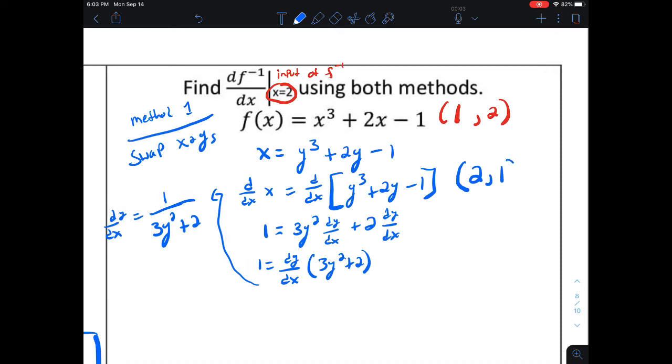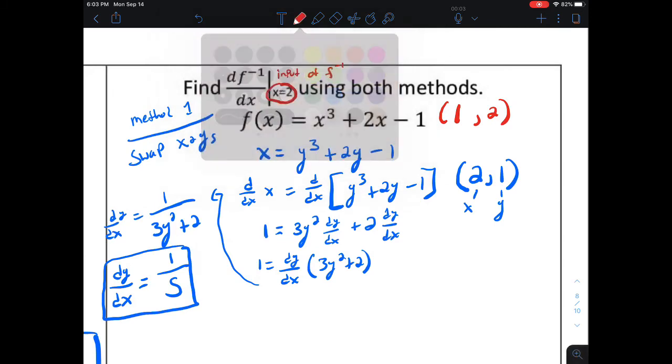We make this coordinate 2, 1, where that's the x, and this is the y that we plug in. All right, and so we get that the derivative of this with respect to x is equal to 1 over 3 times 1 plus 2, 1 over 5. So doing method 1, we get 1 over 5.